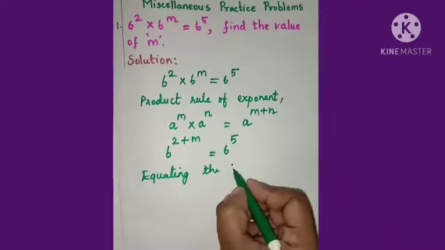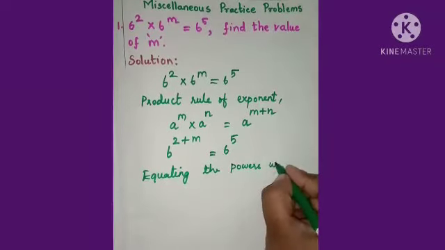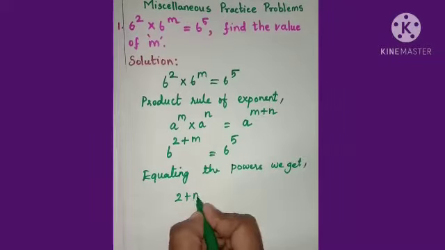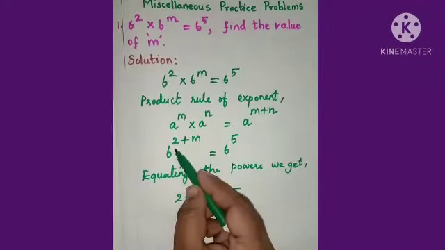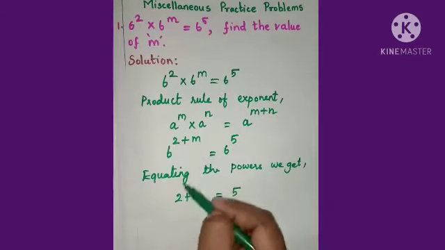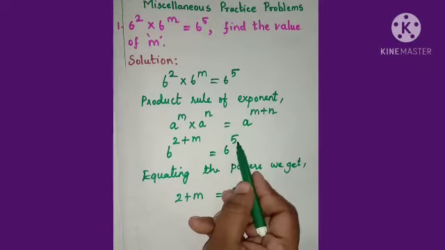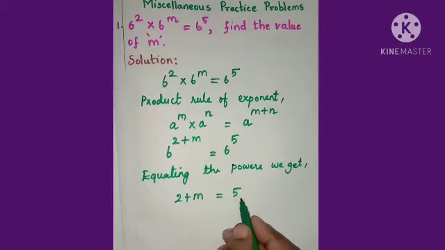Now equating the powers, we get 2 plus m is equal to 5, isn't it? The power of the left hand side exponential form is 2 plus m and the right hand side power is 5. So now equating the powers we get 2 plus m is equal to 5.